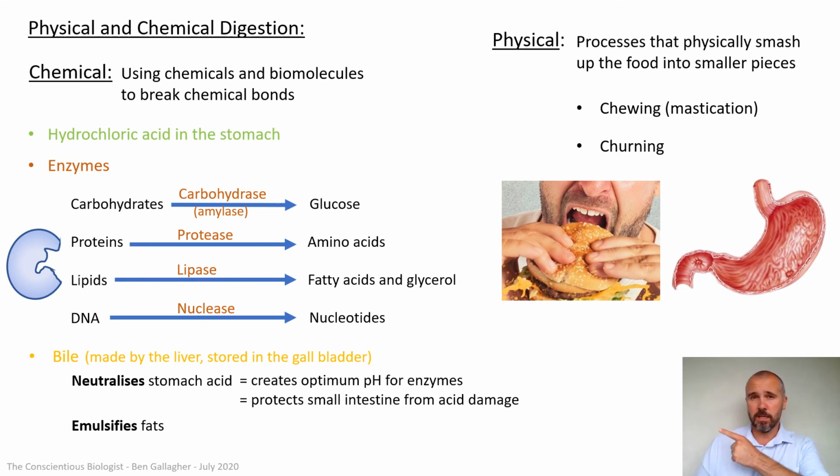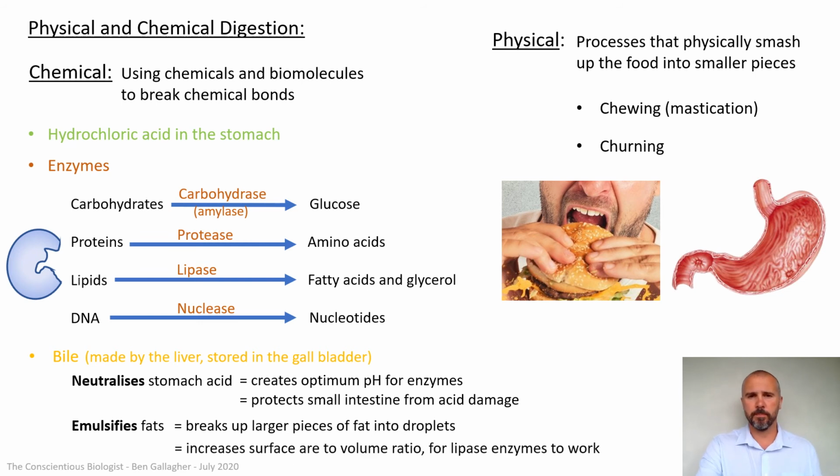The lipase enzymes, which are now at their correct pH because of the bile, can then attack the fat droplets and break the lipids down into fatty acids and glycerol. So that's a really, really important one as well, that it emulsifies fats, it breaks them down into fat droplets. That's to increase surface area to volume ratio for the lipase enzymes to work.